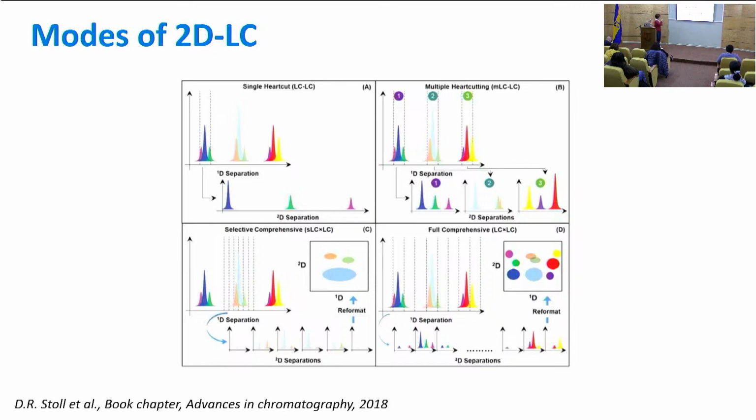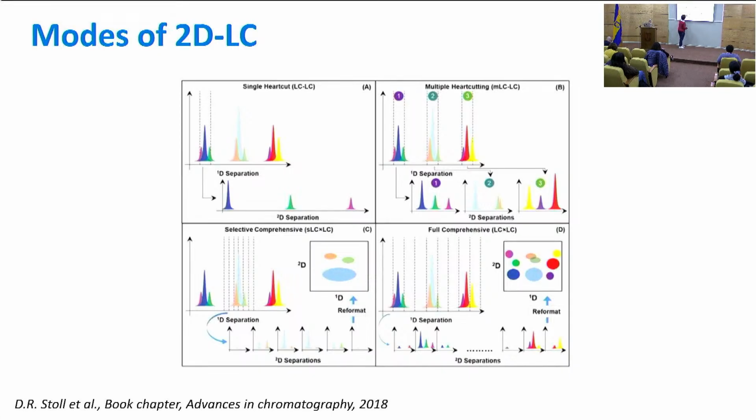You can see that you can do what we call multi-heart cutting. That means, for instance, you have the first peak here in the first dimension, and you can then analyze it in the second dimension. It's maybe better illustrated here.